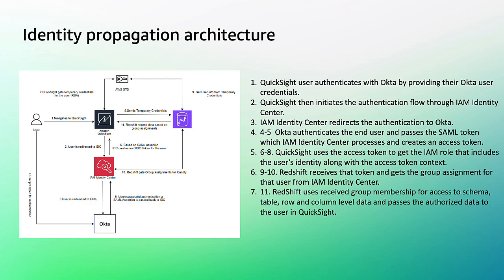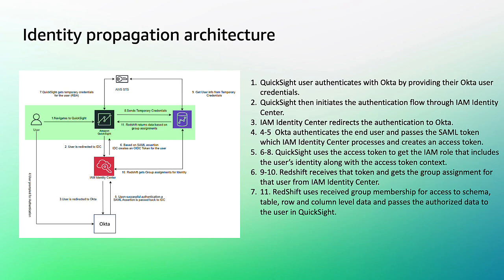Now you no longer have to do that because all the identities are being inherited from IAM Identity Center. So it's a centralized identity store now. And your row level security, your schema level security, your table level security is happening at your data source. And when a user is accessing a dashboard in QuickSight, QuickSight is also using IAM Identity Center, so QuickSight knows who the user is.